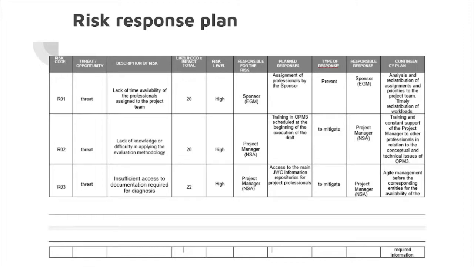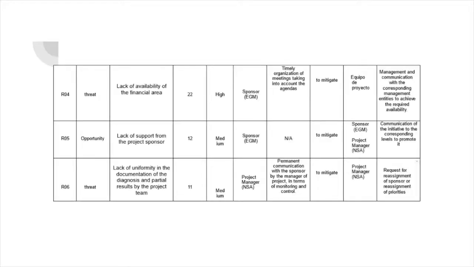R03, agile management before the corresponding entities for the availability of the required information. R04, management and communication with the corresponding management entities to achieve the required availability.